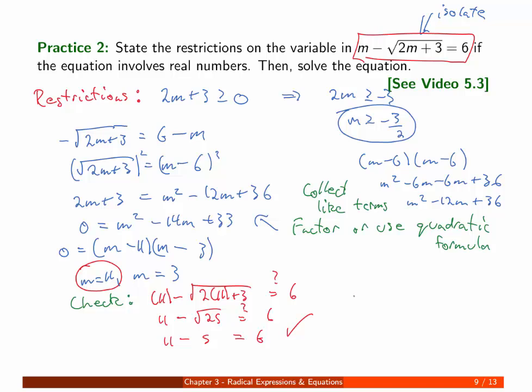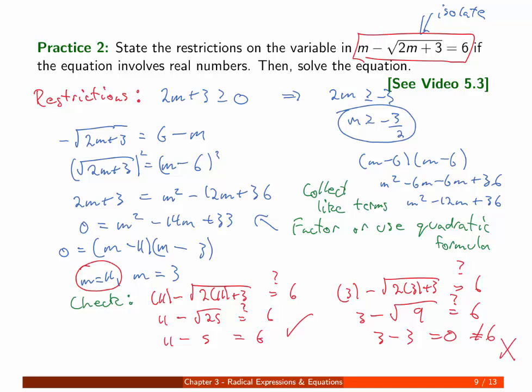Let's try 3. So 3 minus the square root of 2 times 3 plus 3. Does that equal 6? Let's see. 6 plus 3 is 9. So we're actually going to have square root 9. So it's going to be 3 minus 3, which equals 0, which does not equal 6. So this one fails. So we're going to reject that.